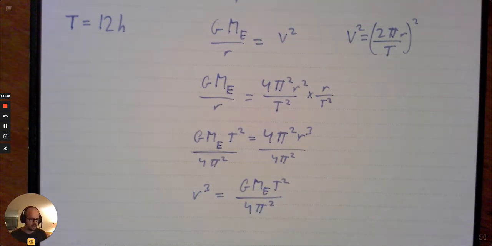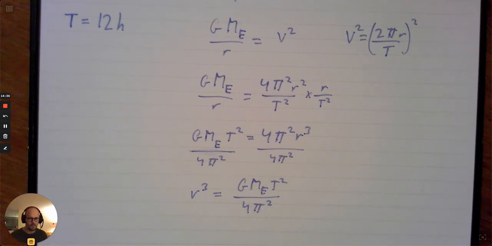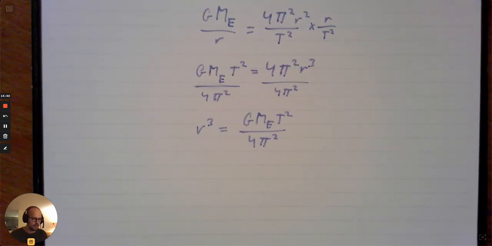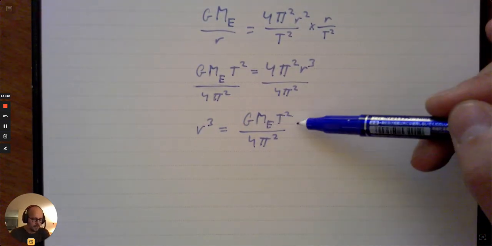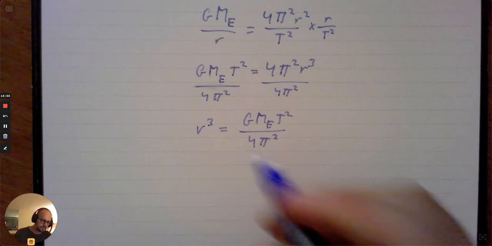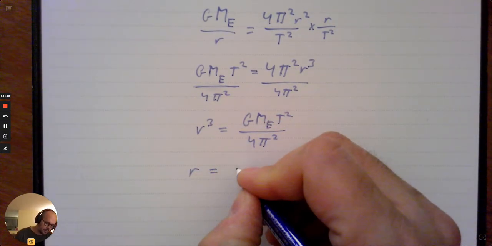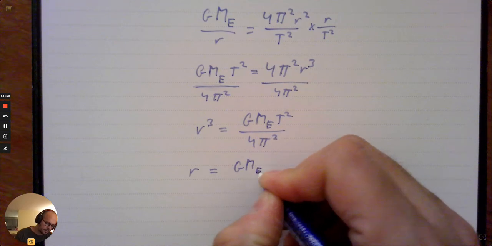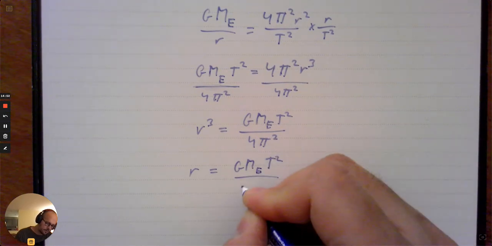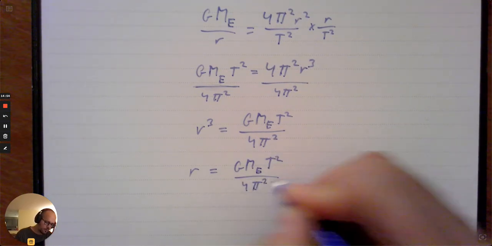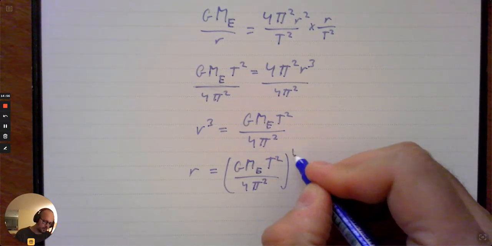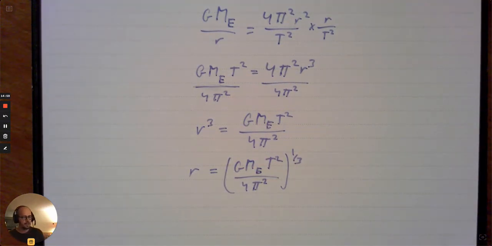It's not actually solved for R. I would have to do a cube root of everything. And that's fine, I have an expression for R in terms of these things. So R is going to equal the cube root of all this, that would be to the 1/3 power.